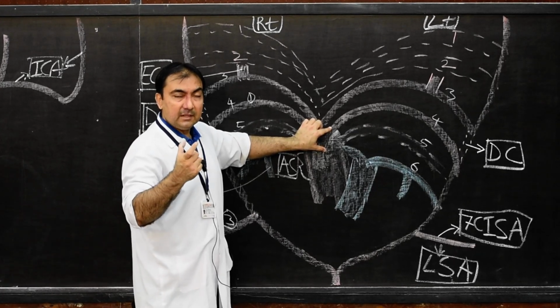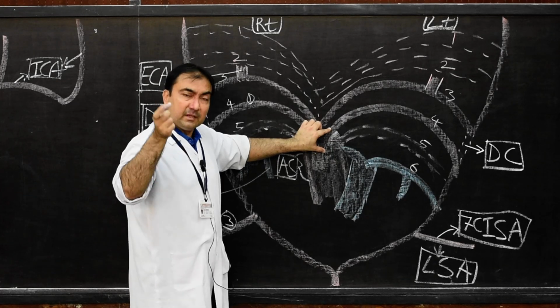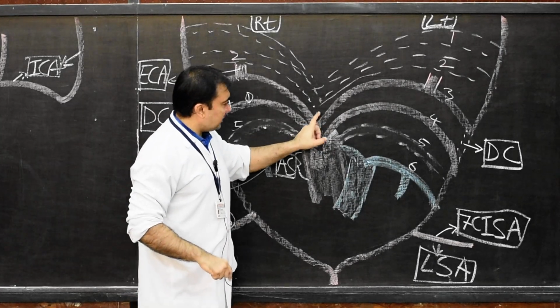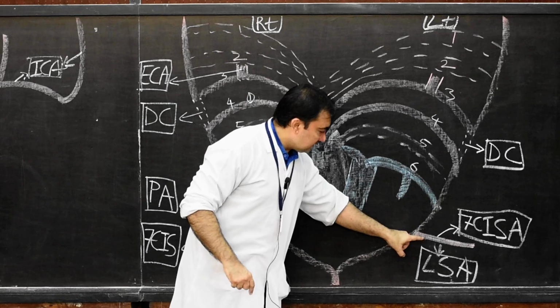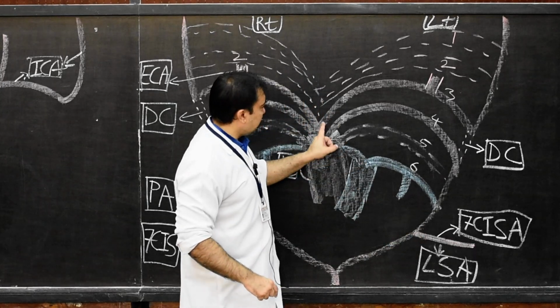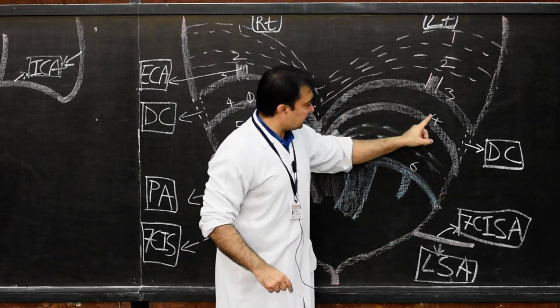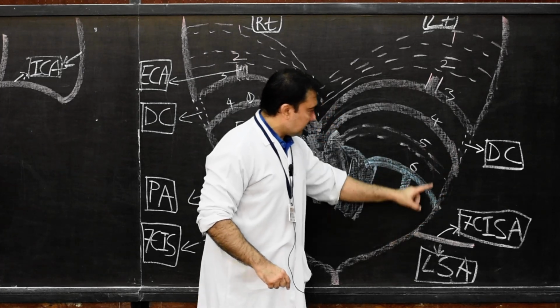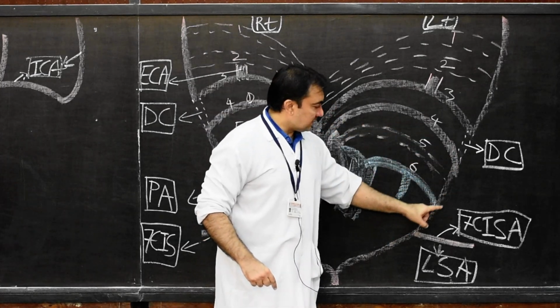Second segment of the arch of aorta is in between common carotid and the left subclavian. So this entire segment of the 4th till here will develop from the left 4th arch artery.